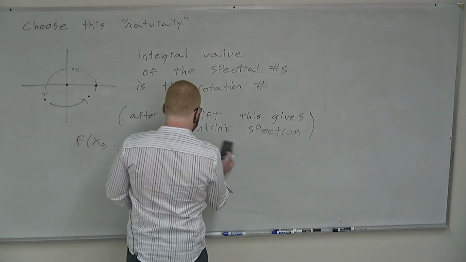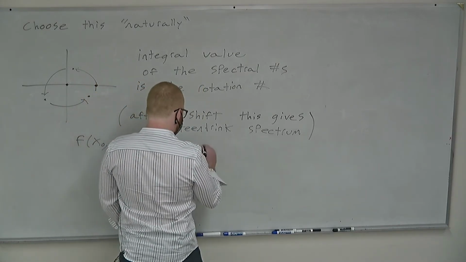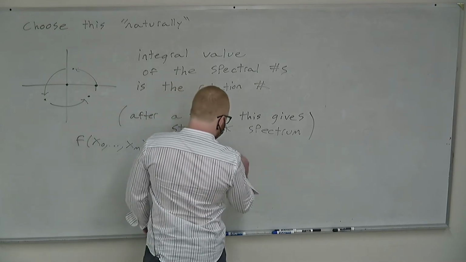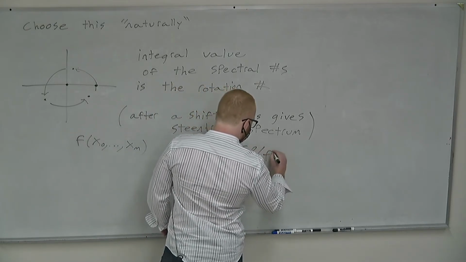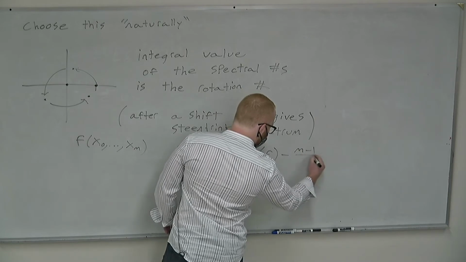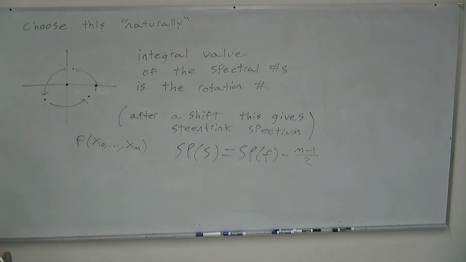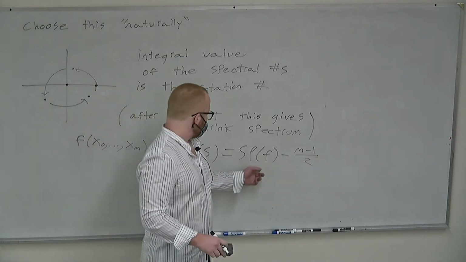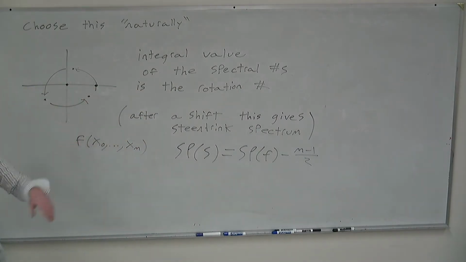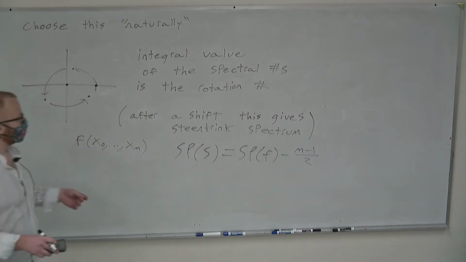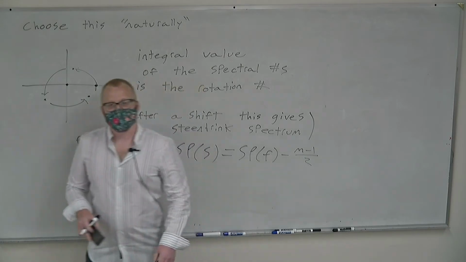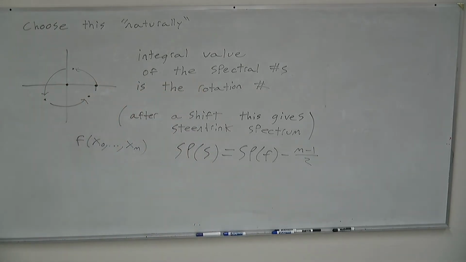So the actual formulation is that the spectrum of this matrix is equal to the spectrum of the function minus m minus 1 over 2. Basically, the spectrum of the matrix is always going to be centered around 0. Remember that the spectral numbers of f are centered around, say, n plus 1 over 2, if you're thinking about the Steenbrink spectrum.